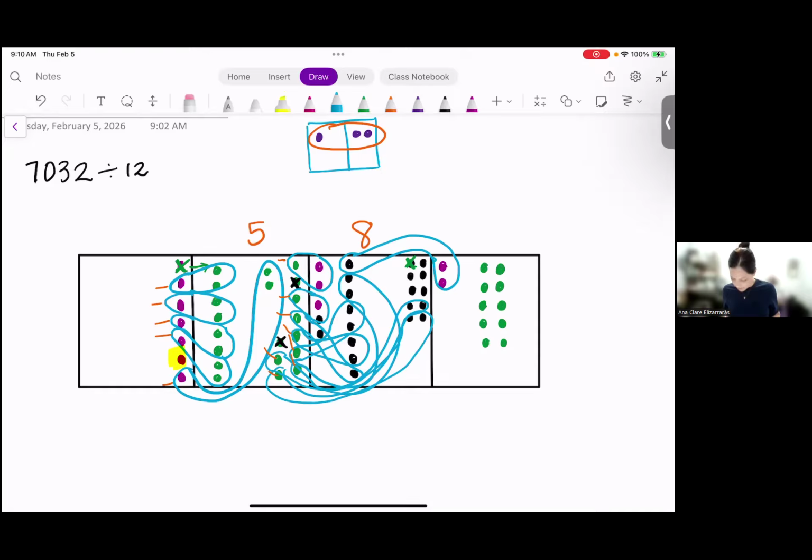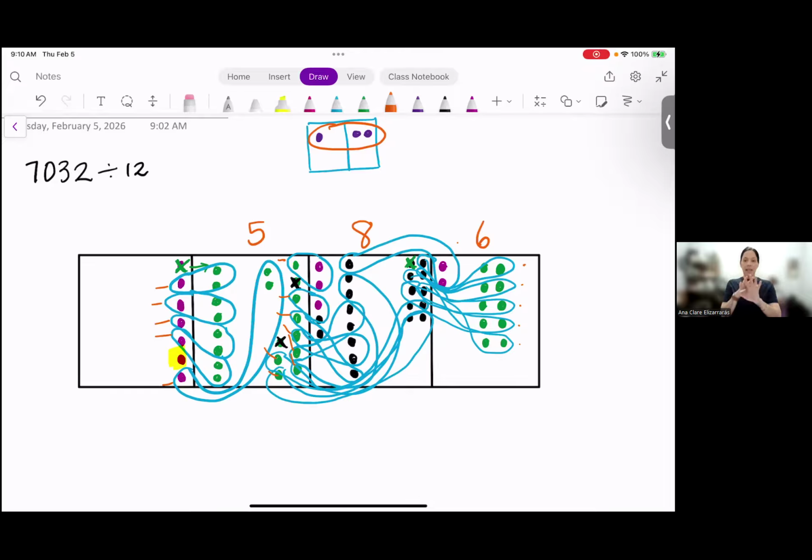Taking my groups, I have a 1, 2, a 1, 2, a 1, 2, a 1, 2, and a last 1, 2. There were none left in the second box and none left in the last box. But I had 1, 2, 3, 4, 5, 6 total groups.